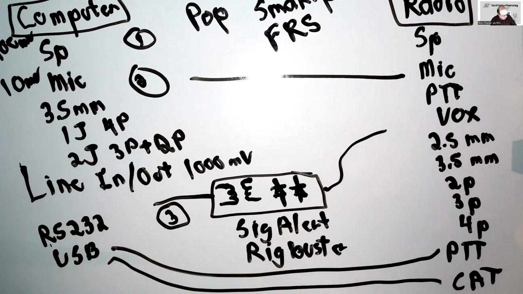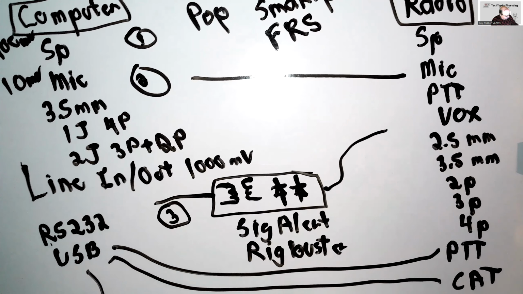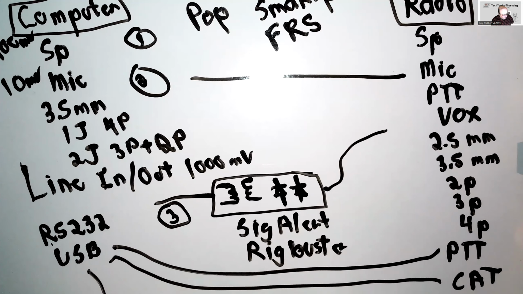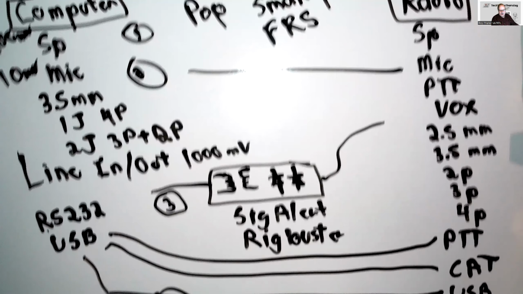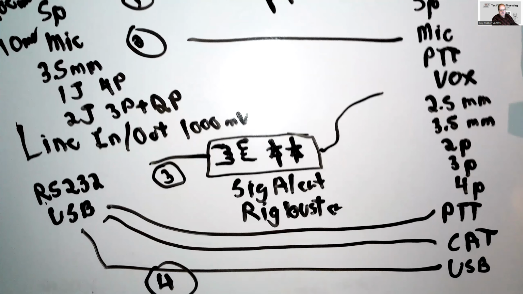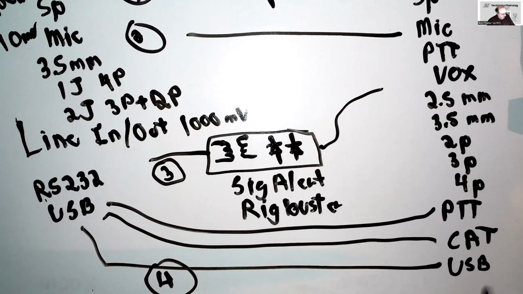And then the other thing now, which is the easiest way, is USB to USB, which is probably the fourth way. So all of the newer radios, you basically connect the USB from the radio to the USB of the computer, and then set it up that way, and then you don't have to worry about different voltage levels and isolation, and what kind of jack you need for the speaker and the microphone.